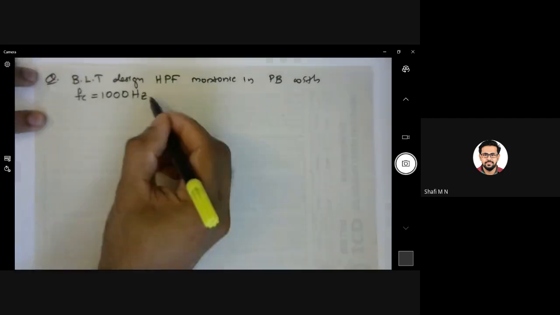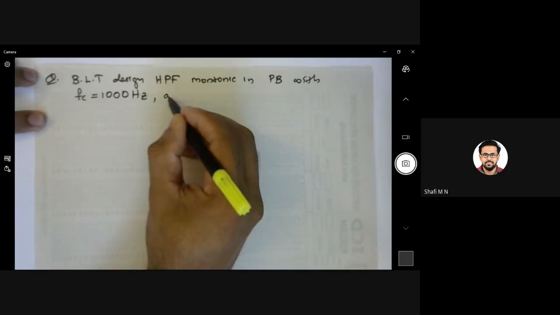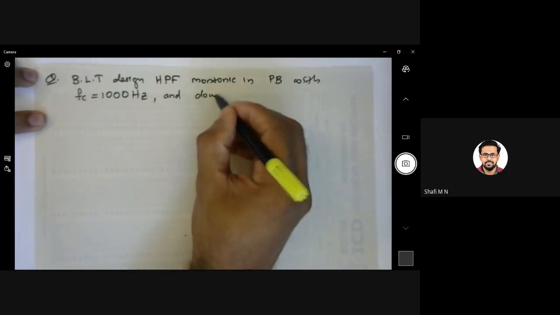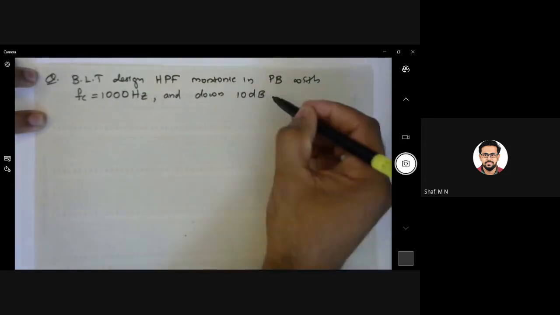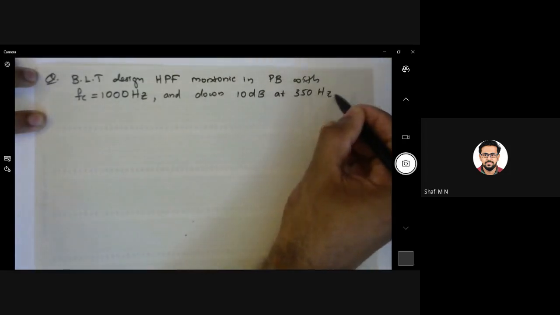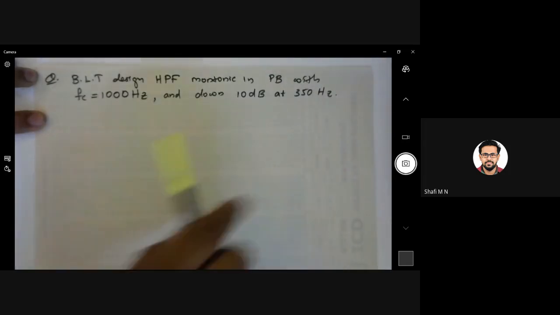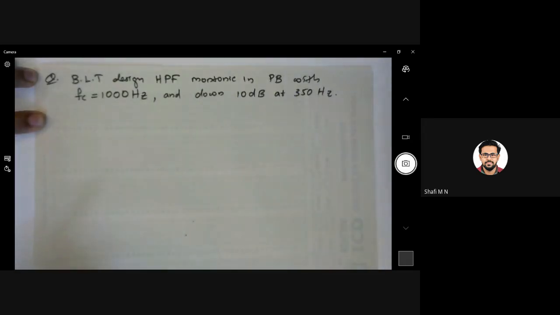Okay, cutoff frequency is 1000 hertz, and down 10 dB at 350 hertz. So actually that is the stop band attenuation. This is the stop band frequency.